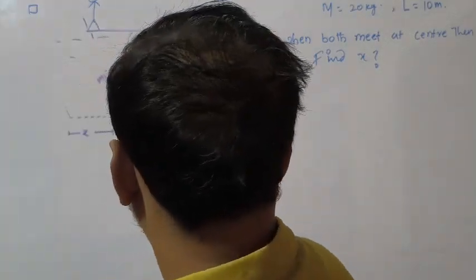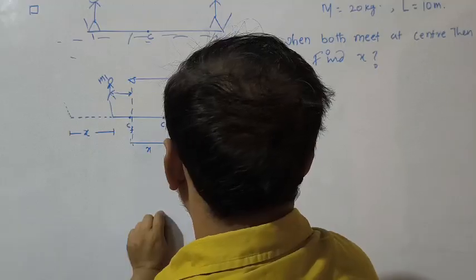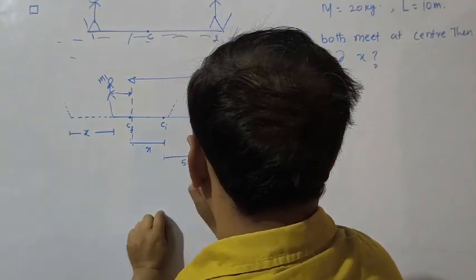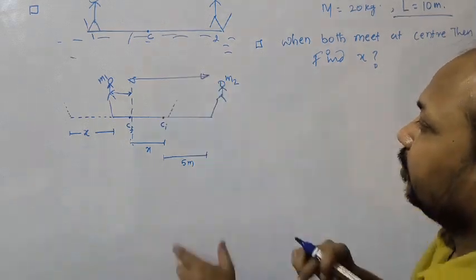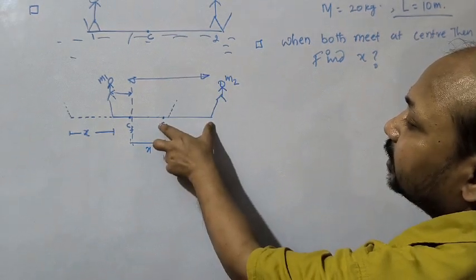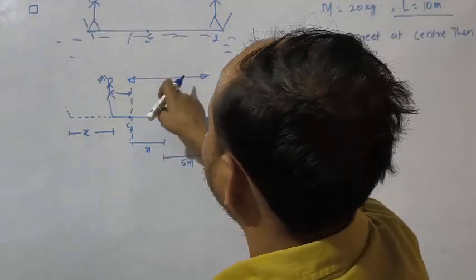So see, this length is 5 meter, total length is 10 meter, so the center from one end is at a distance of 5 meter. So 5 plus x is equal to this distance.